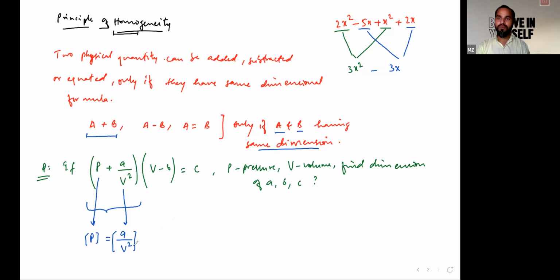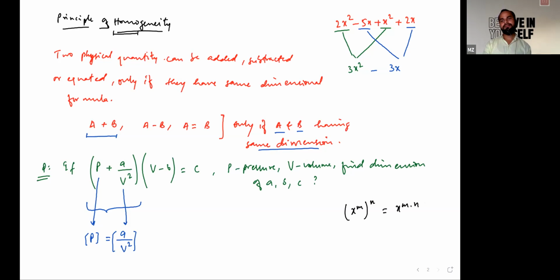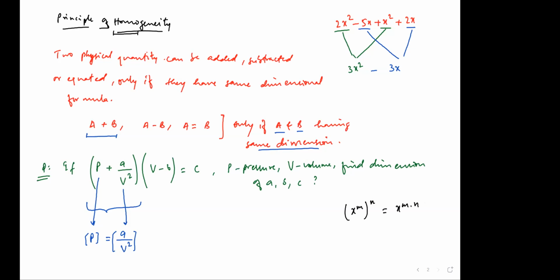So each term in the dimension of volume would be squared, or you can simply multiply each exponent by 2. As we have the rule of exponents, if there is x to the power m and then to the power n, it will be m into n. Sir, I have sent it again. Can you check? Good, now it's correct. Okay. Now should I do B? No, I will tell you.